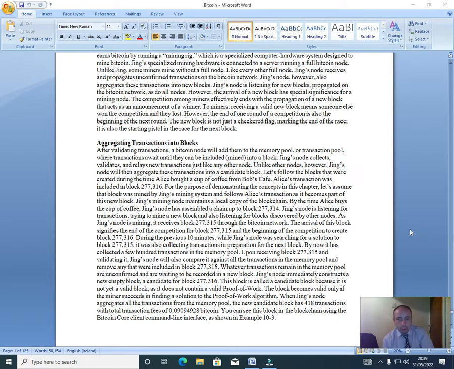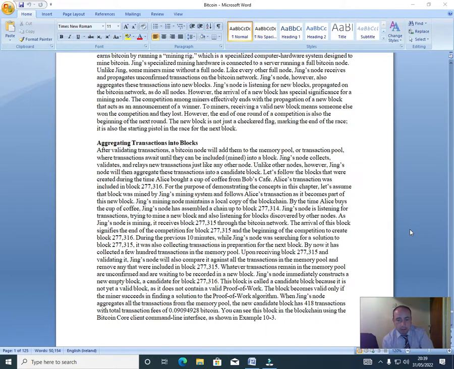Jing's node is listening for transactions, trying to mine a new block, and also listening for blocks discovered by other nodes. As Jing's node is mining, it receives block 277315 through the Bitcoin network. The arrival of this block signifies the end of the competition to create block 277315 and the beginning of the competition to create block 277316.